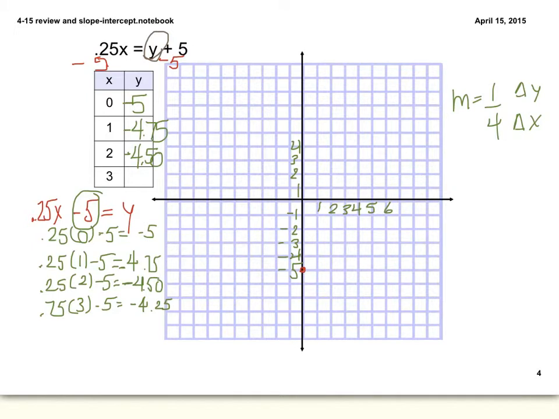And my second coordinate, 1, negative 4.75. My next one, 2, negative 4.5. And my last one, 3, negative 4.25. All I have left is to draw my line, and I'm done.